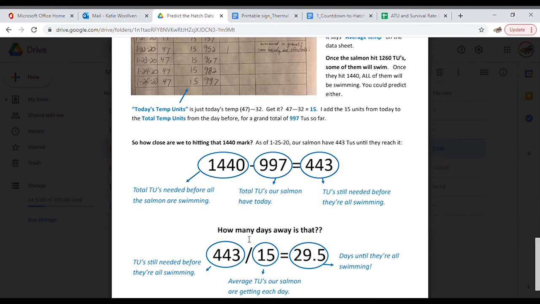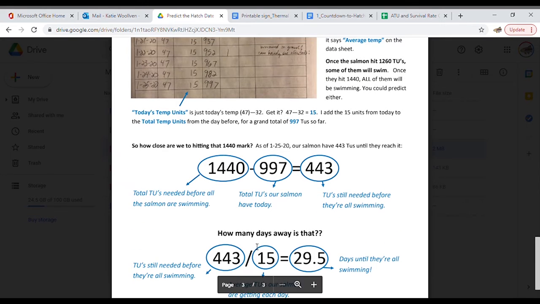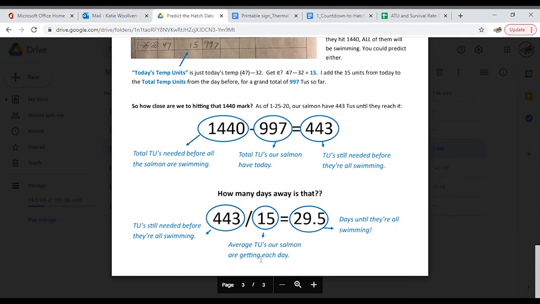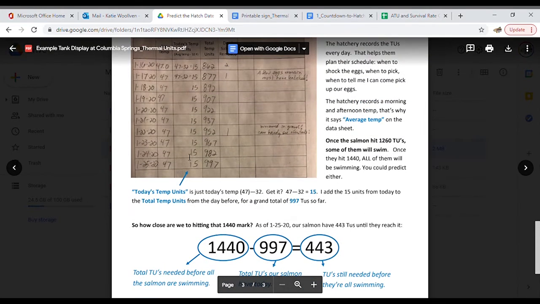And then what I want to know with students is how many days away is that? So I can take that 443, basically the thermal units I still need before they're all swimming, and then I divide it by 15 because that was the average temperature units my salmon were getting each day.